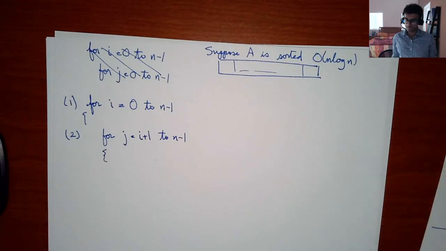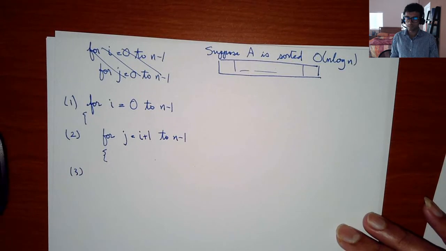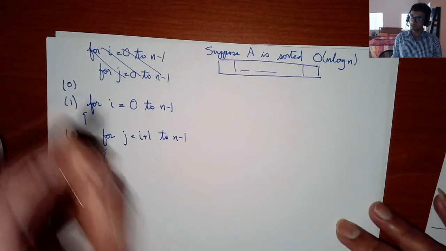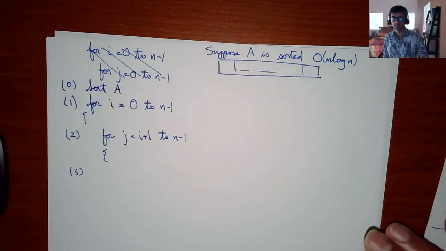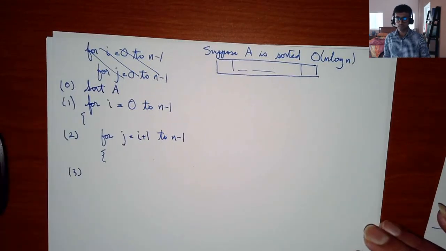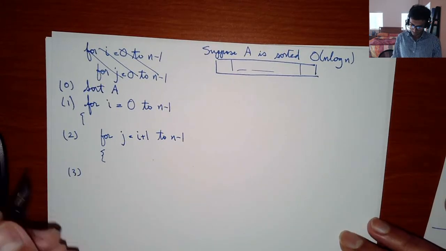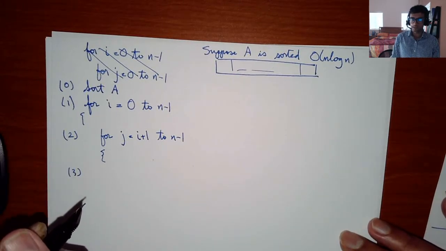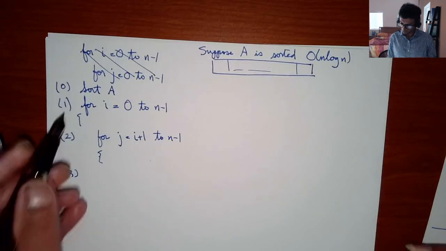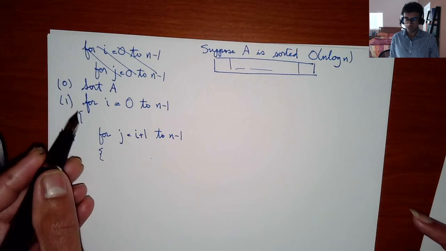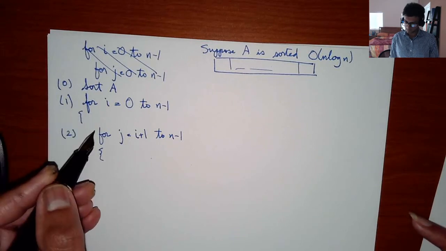And what I'll do is I'll do a step 0, which is sort A. So I sort A. Then I run a double for loop.